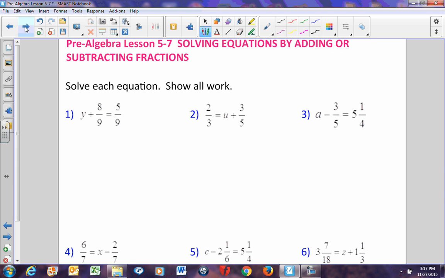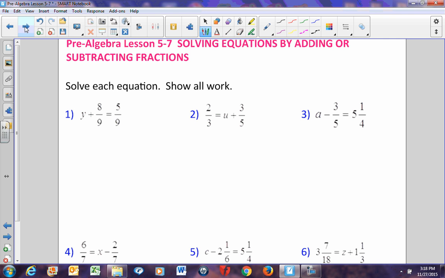Let's solve some other equations. Simply remember that if they added, you subtract. If they subtracted, you add. Then you can just use the properties of equality and everything we've learned before. Number 1: y plus 8/9 is equal to 5/9.